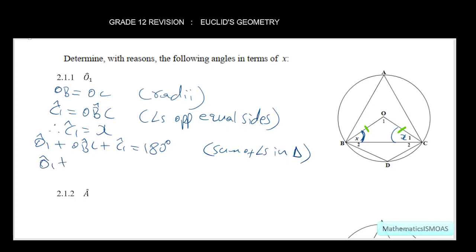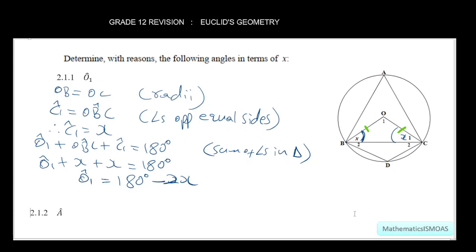Angle O1 plus X plus X is equal to 180 degrees. Therefore, solving for O1, we get O1 is equal to 180 degrees minus 2x. Now we know the size of O1. O1 is 180 degrees minus 2x.